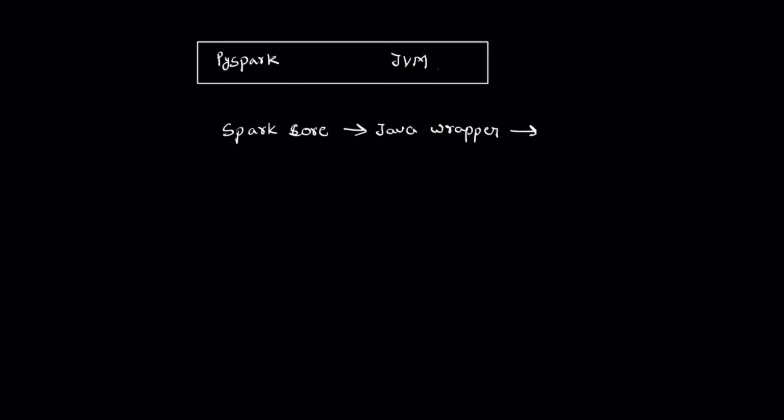And on top of the Java wrapper, there is a Python wrapper written. So if our Spark code is written in Python, the PySpark driver would be used. Here we have the PySpark driver.